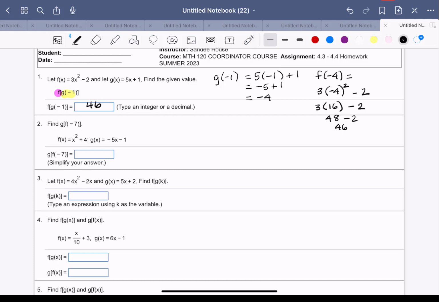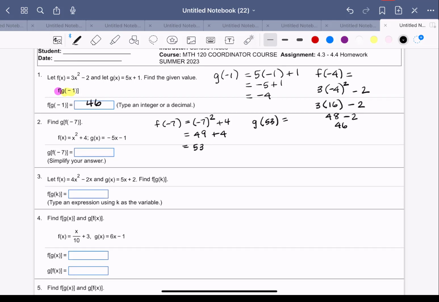Example number 2. Find g of f of negative 7. Starting on the inside, we need to find f of negative 7 first. So that's going to be negative 7 in parentheses squared plus 4. That's going to be 49 plus 4, and that is 53.